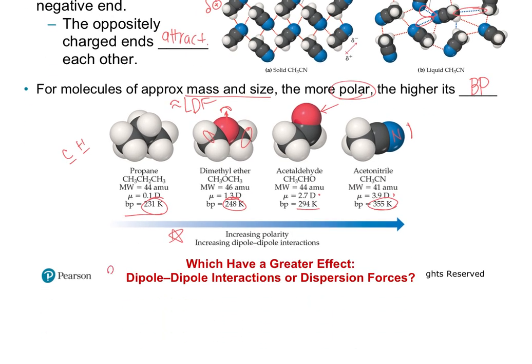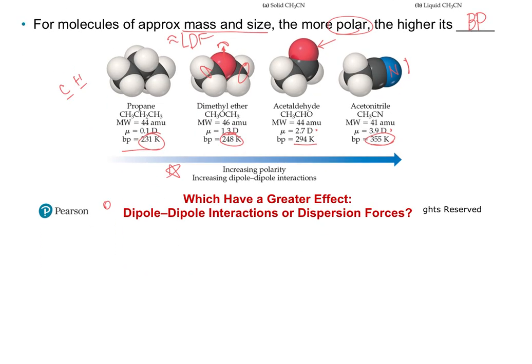So I do want you to consider which is stronger. You're going to be asked questions, which ones are stronger, dipole-dipole or London dispersion? And really the answer to this question is, it depends. If we look at something like boiling point to determine the strength of the intermolecular forces, I could look at something like acetone, which has a molecular formula of CH3COCH3.